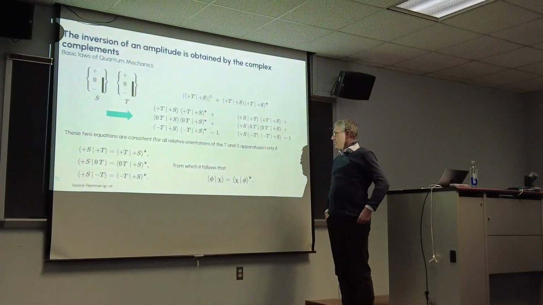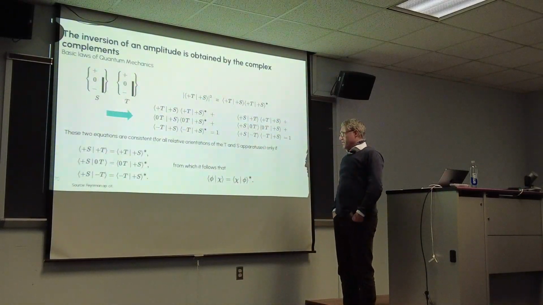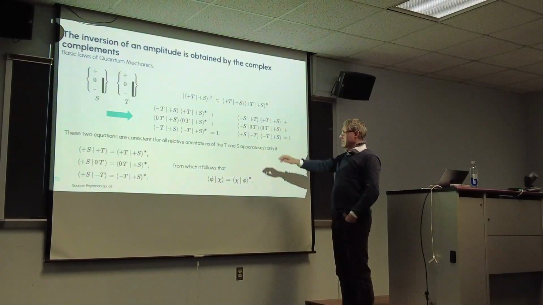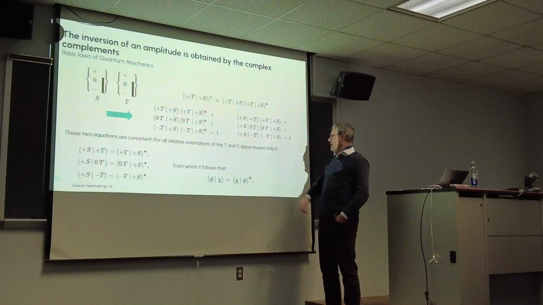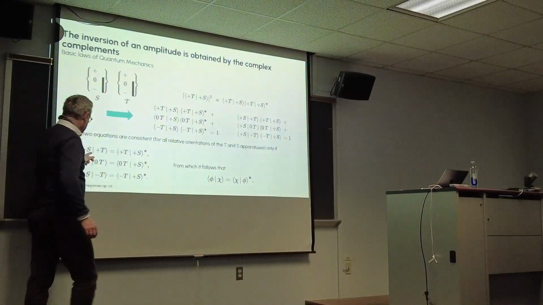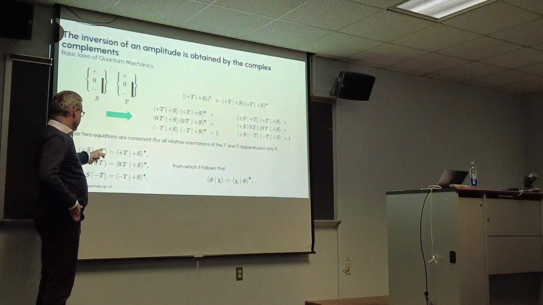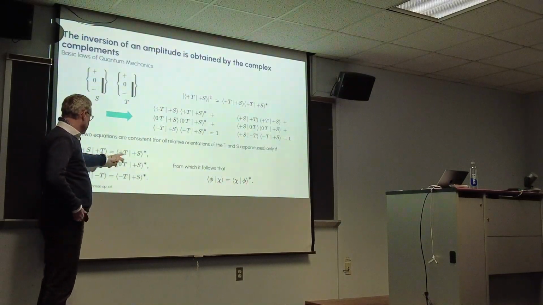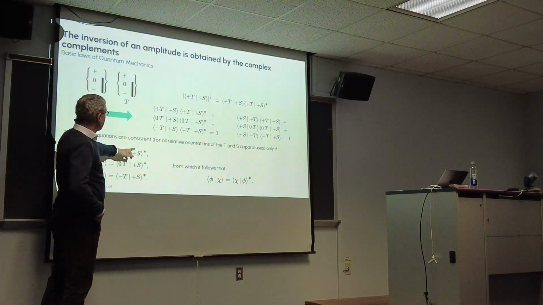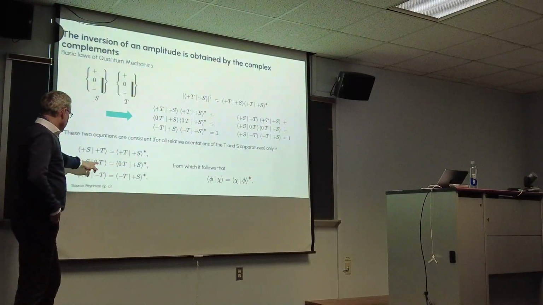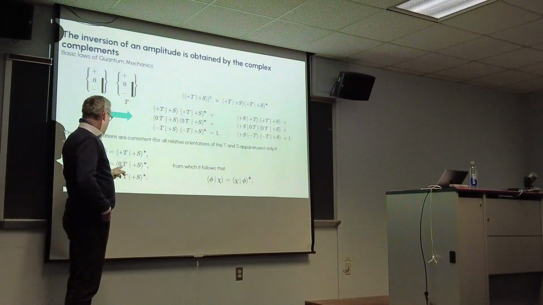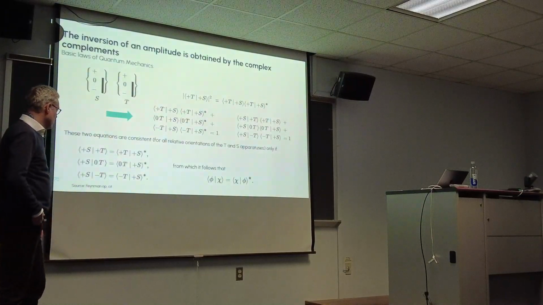But these 2 equations are only consistent for all relative orientations of T and S only if this is true. So the amplitude to go from T to S equals the amplitude of S to T complement, the amplitude of 0T to plus S equals plus S to 0T complement, and for minus as well.